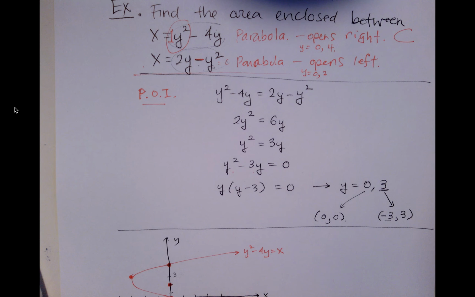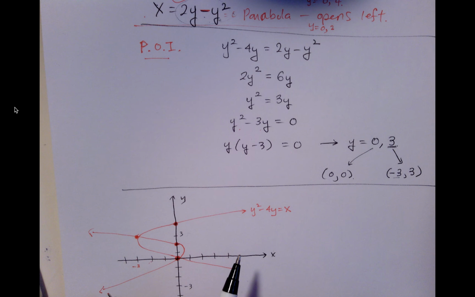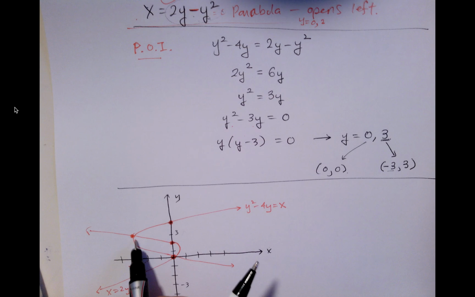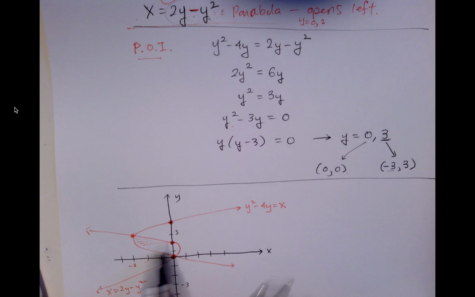But it's also got to go through these points. So let's draw that parabola. So it's going to look something like this. And this is, oops, sorry. This is the parabola x equal to y minus y squared. So that's my picture, and the region I'm interested in is this region right here.